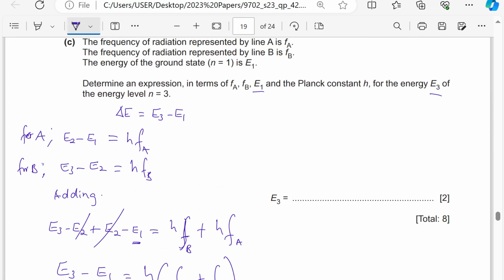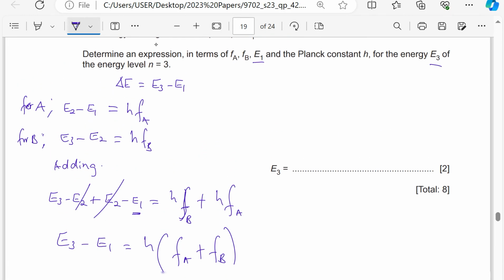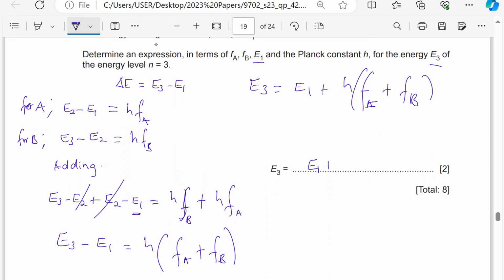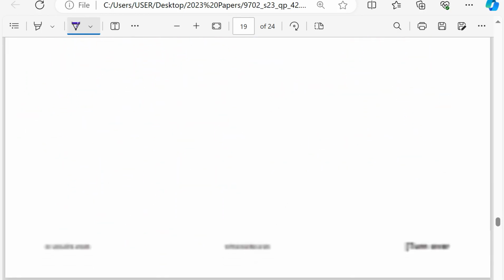So we want to make E3 the subject, so I'll just take this to the other side and say E3 is equal to E1 plus h(FA plus FB). So the answer here is simply E1 plus h(FA plus FB). Okay, as simple as that.